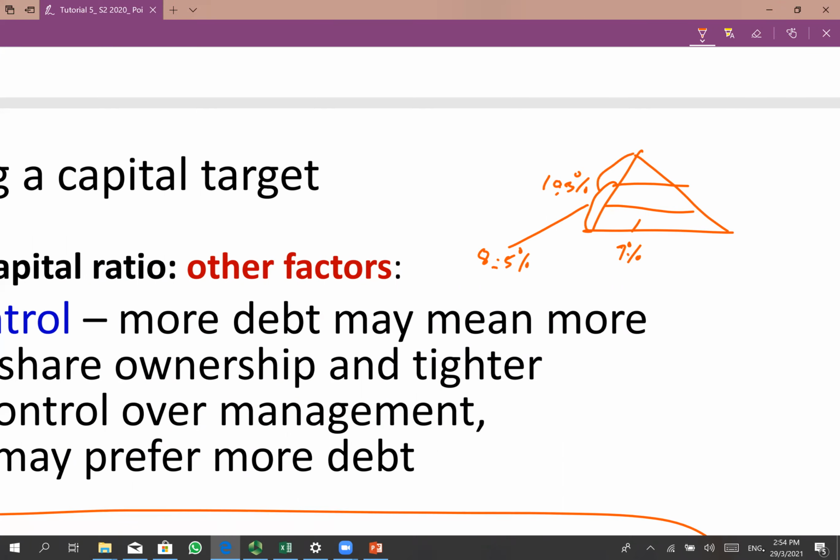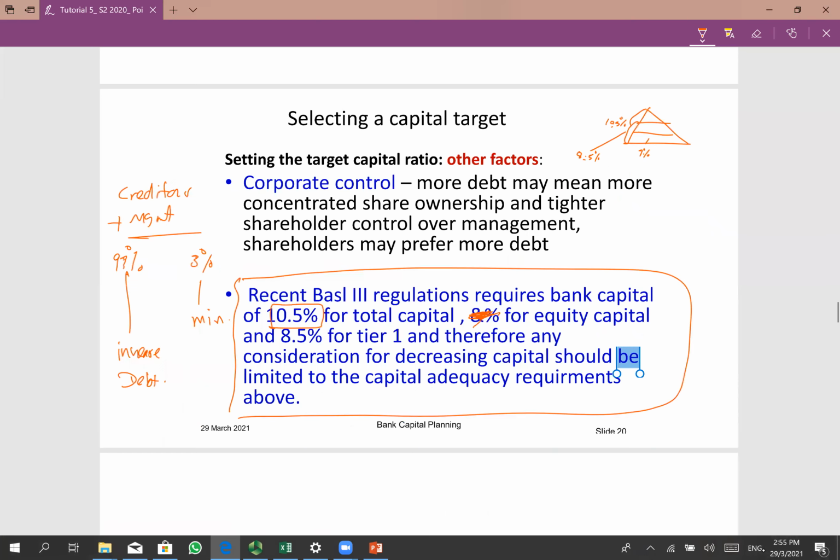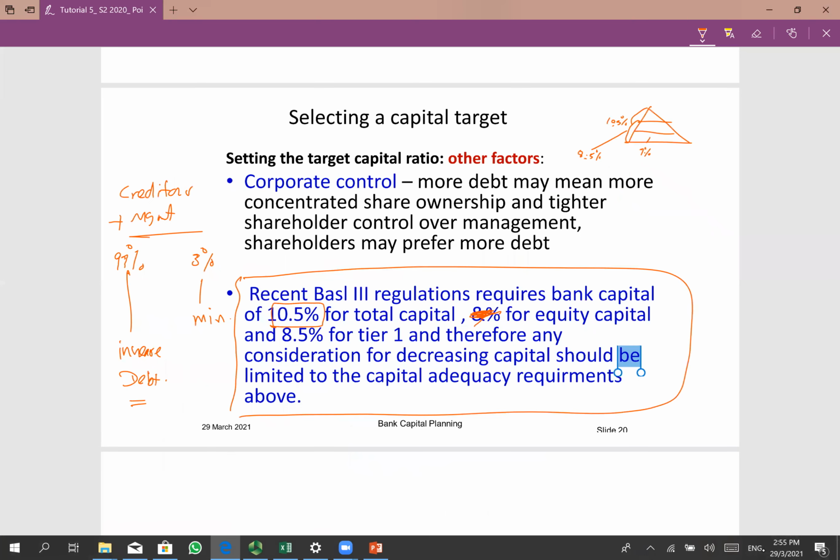So in this case, you cannot maneuver, actually, you cannot come to 97%. You can maneuver after the 89. So all the time, you have to have 10.5 and 89.5 debt. So this is the limitation where you can work. You can make it 80 to 85, you can go to 70. So capital should be at least 10.5%.